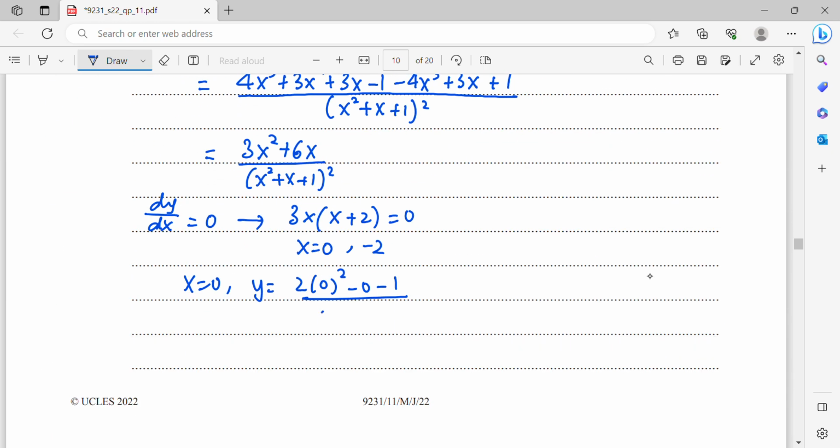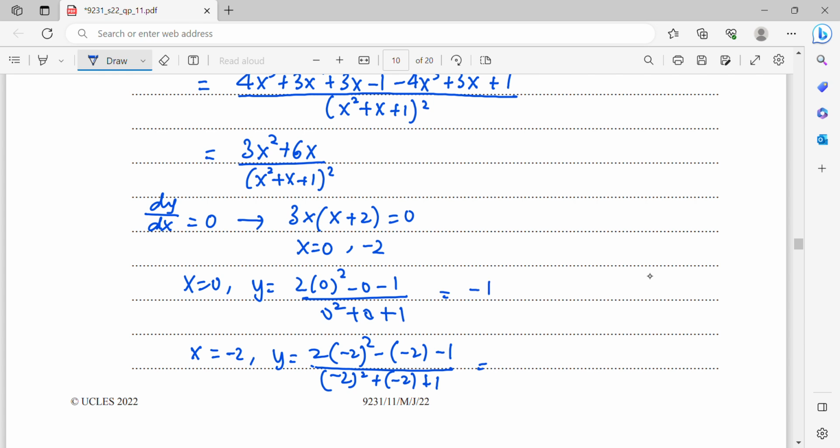When x is minus 2, y equals (2x squared minus x minus 1) over (x squared plus x plus 1). So I just simplify.